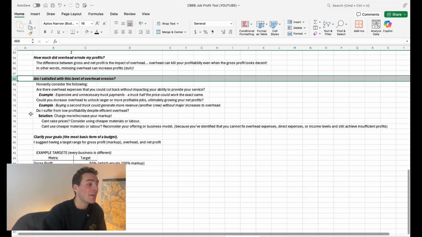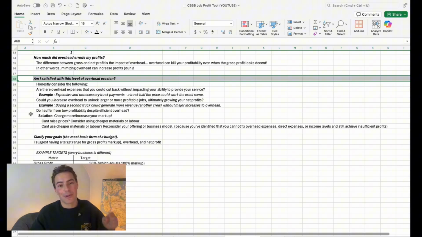The third question here is, am I satisfied with the overhead erosion level? Some businesses might operate with high overhead, but that might come with driving a nice truck, having a nice shop, maybe having multiple assets that aren't fully utilized.